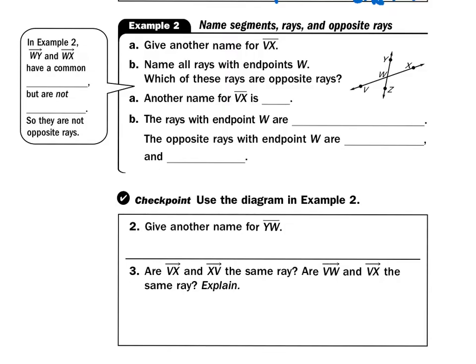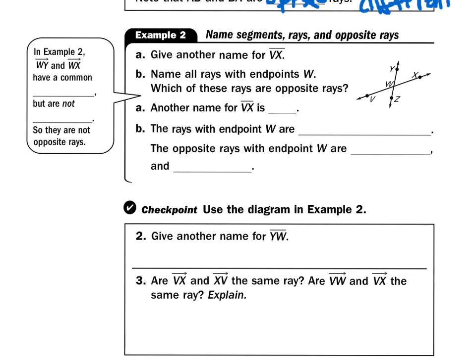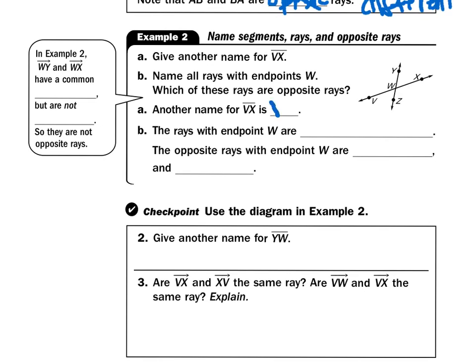Okay, example 2. Give another name for segment VX. So that would be XV. The rays with endpoint W, so there's 4 of them. They are WX, WY, WV, and WZ.